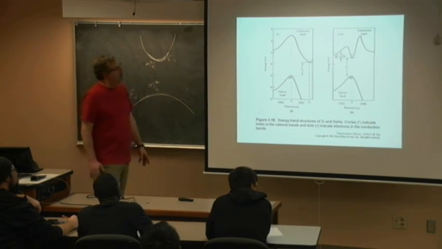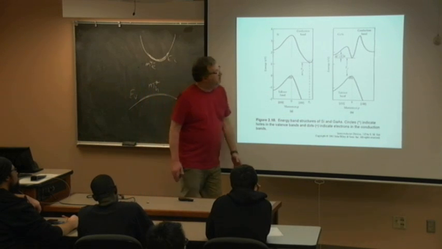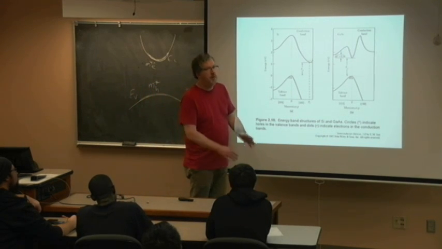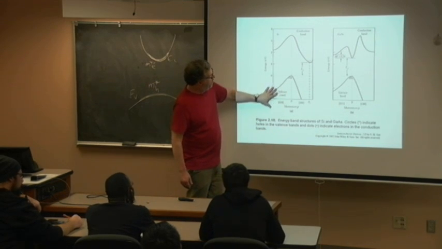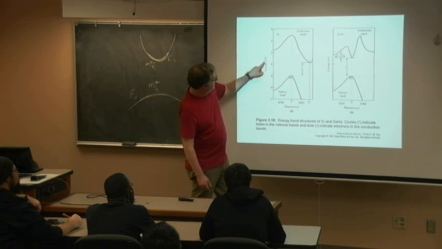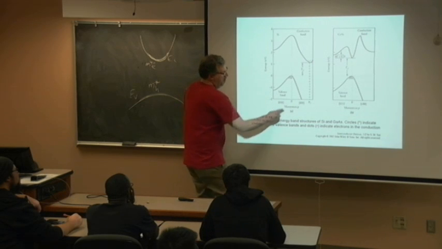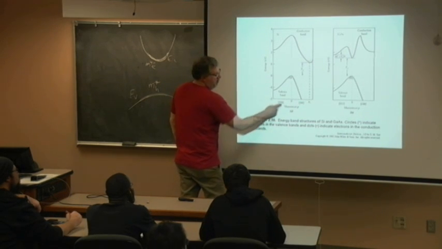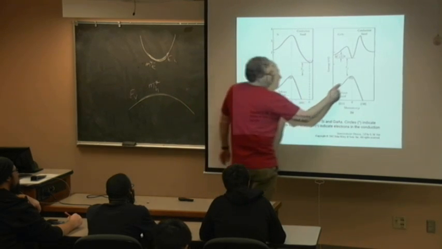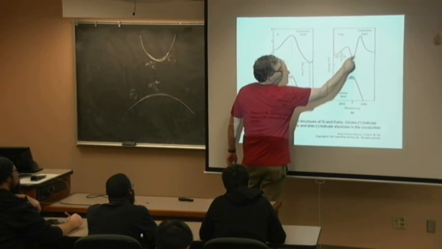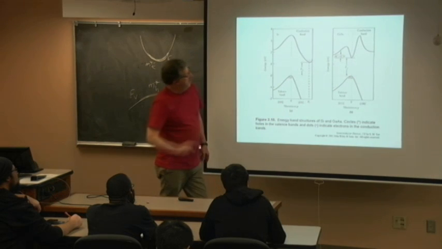So if you did a more formal solution of Schrodinger's wave equation through all those crystals, all those atoms, you start to get the band structure that looks like this. So this is energy versus momentum. Now you see the different vectors, the 1, 0, 0, the 1, 1, 1, and now you see these different planes. Here you can see the heavy holes, and here you can see the light electrons.